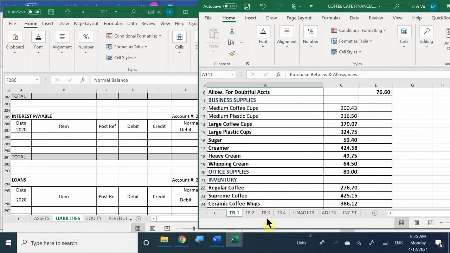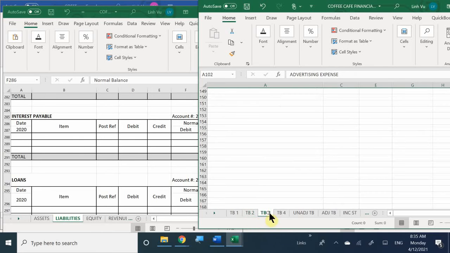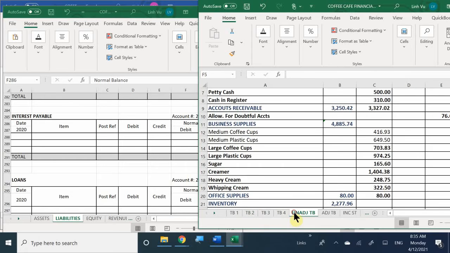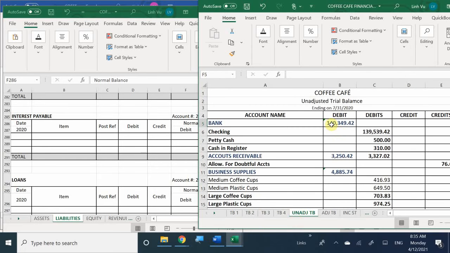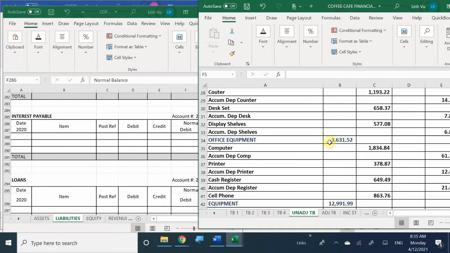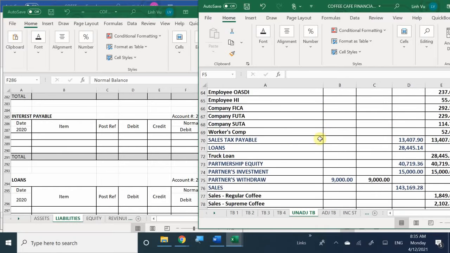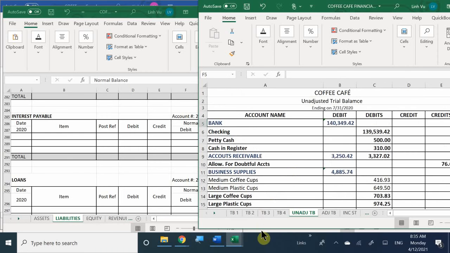I've already done the work for you. I want you to go through it and notice that I've already completed the unadjusted trial balance. So what we're doing today is we're going to complete the set of adjustments, okay? And then we're going to complete the adjusted trial balance.